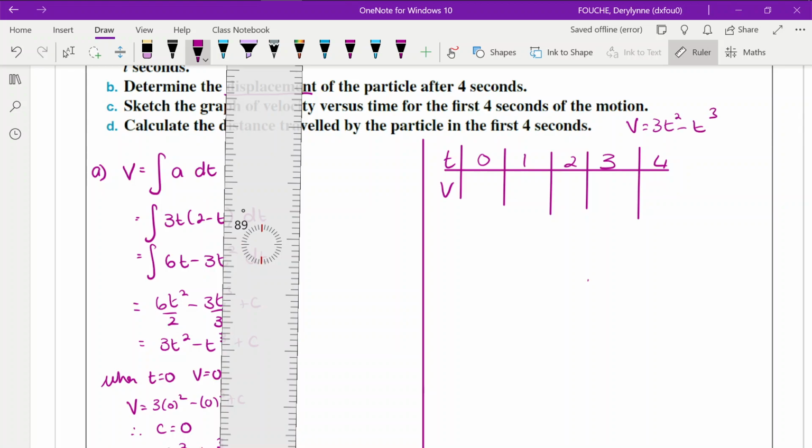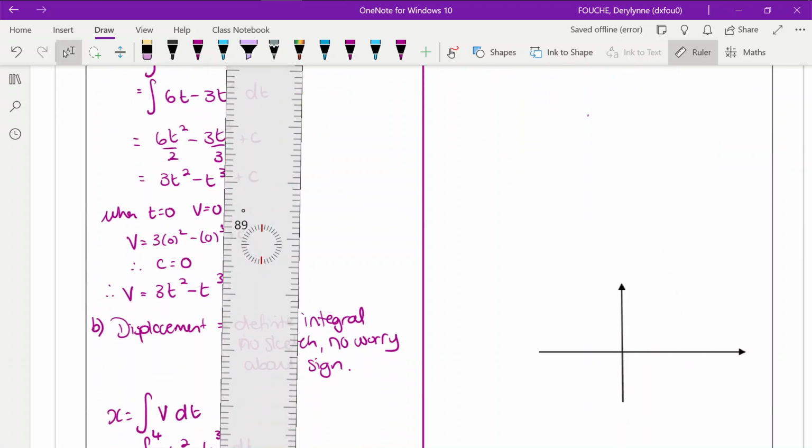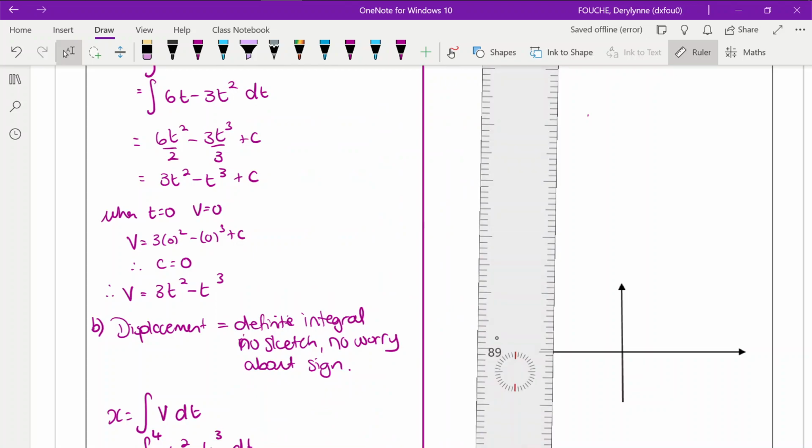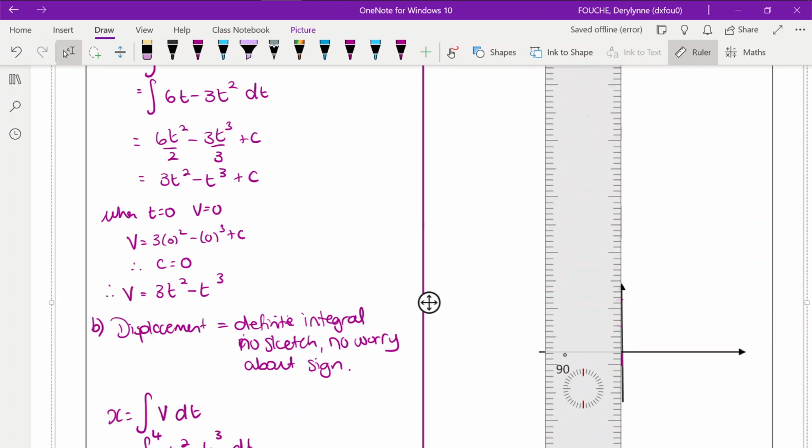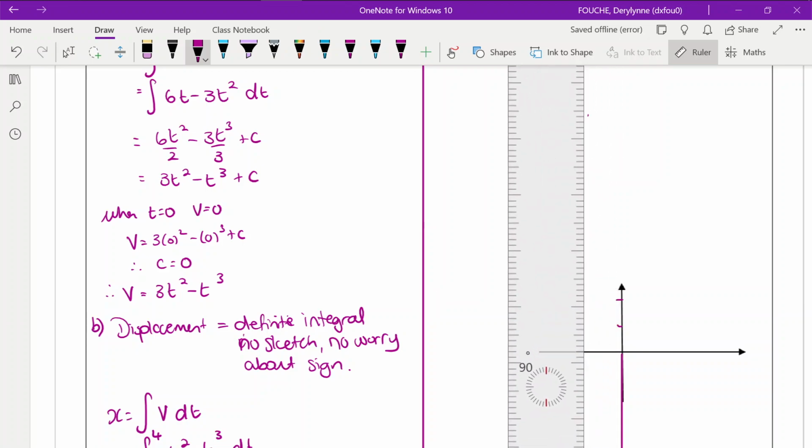Now, you can stick it in your graphics calculator and copy it. But basically here I have, when time is 1, v is 2, then 4, 0, and negative 16. And that gives me sufficient points. You might want to extend this.